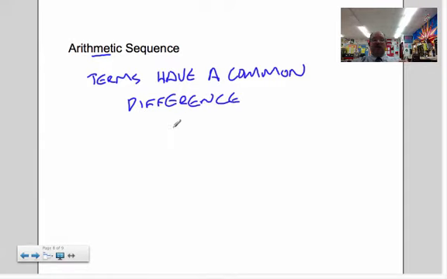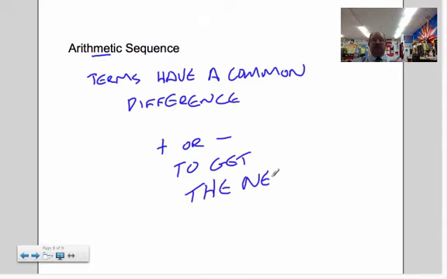Okay, so we have some number and we add or subtract to get the next term. So that's what makes it an arithmetic sequence.